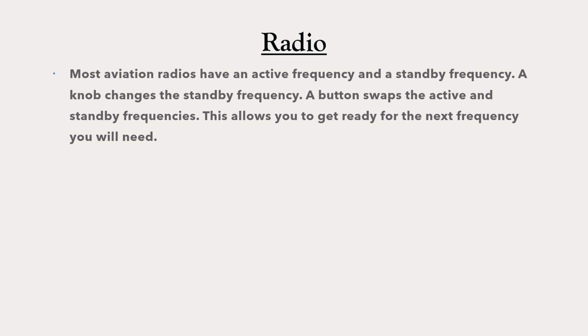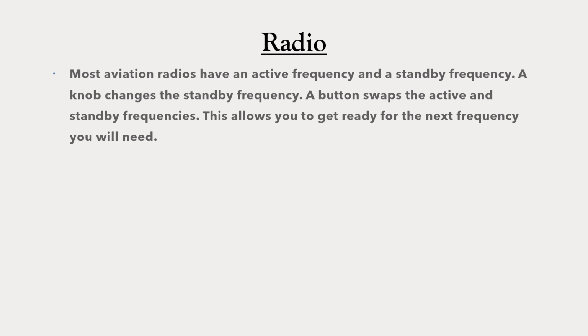Typically, an aviation radio, the way you change from one frequency to another is a little different than other types of radios. They have an active frequency and a standby frequency. So the active frequency is what frequency you're currently listening on and talking on. And the standby frequency is another one that you've selected.